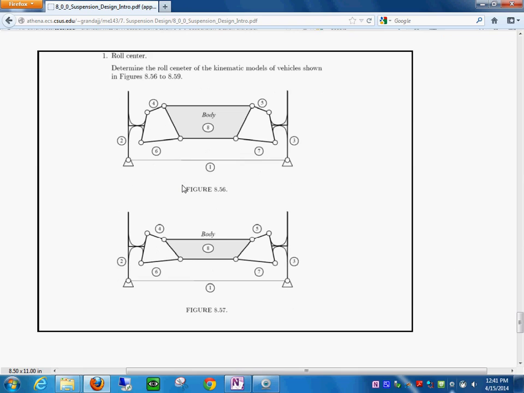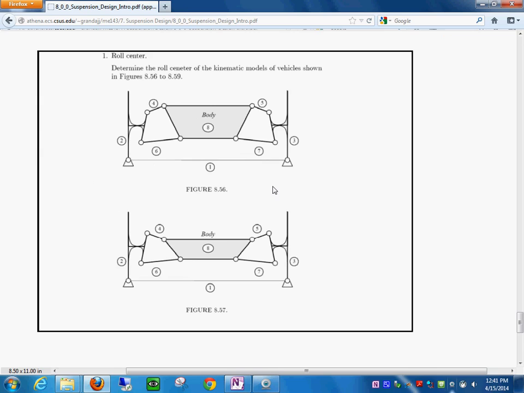So here are some examples of bodies with different roll centers that can be analyzed using Working Model 2D.